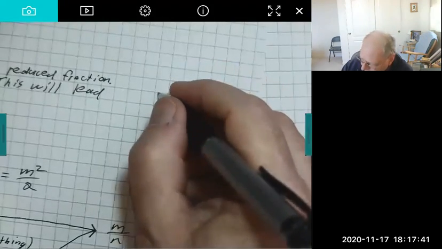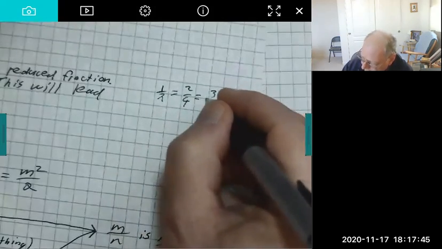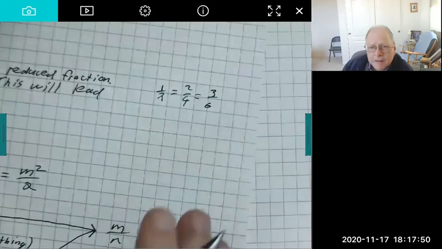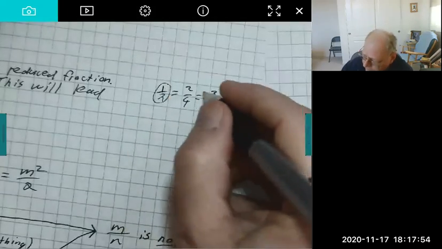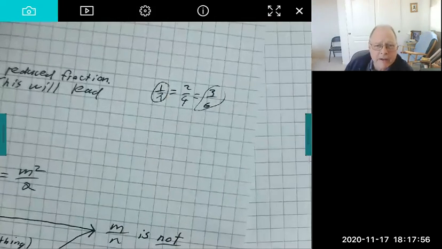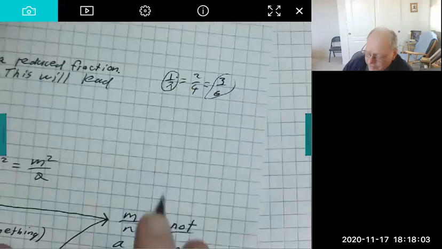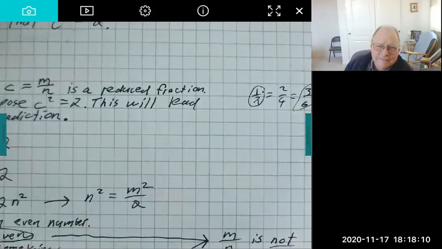All these numbers like a half and 2/4 and 3/6 and so forth, they're all the same number. You can write it this way just as well as you can write it that way. But anything you write in reduced form cannot be this C. Any fraction can be written in reduced form.